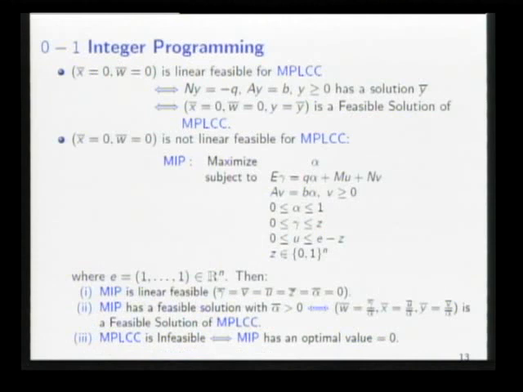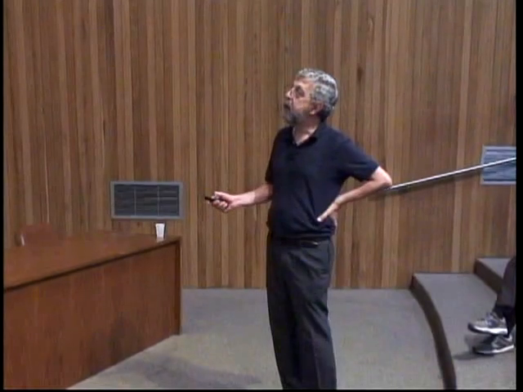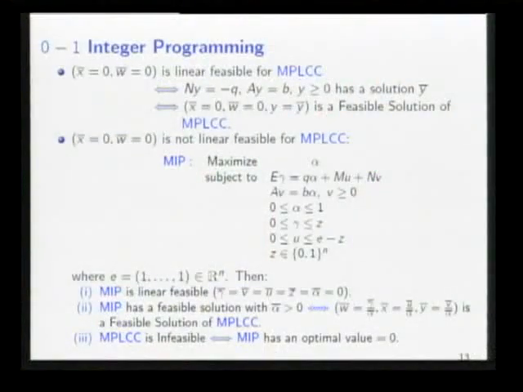You can also transform into an integer program, which is a nice construction. You transform the complementarity conditions into 0-1 constraints. And then you have this property. First, this problem is linear feasible. Second, it is feasible, and it is linear feasible.